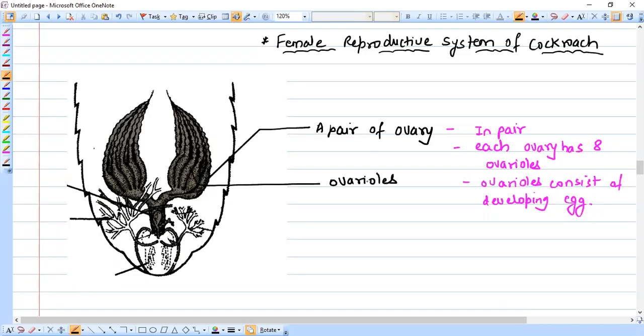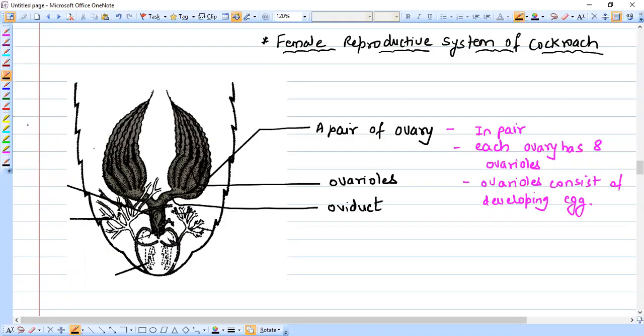So each ovary consists of 8 ovarioles. Then the ovarioles give rise to oviduct. This is called the oviduct. Oviduct is basically a fallopian tube.